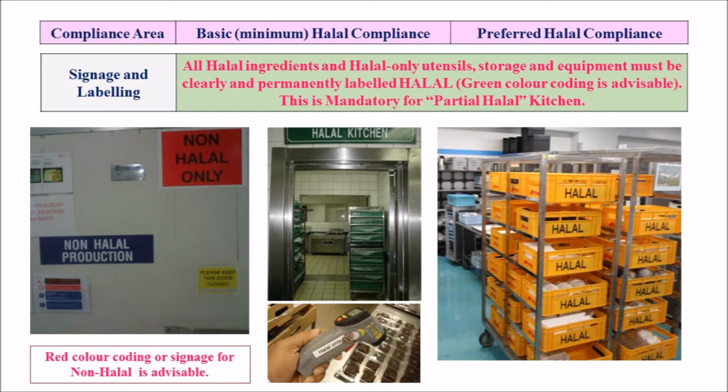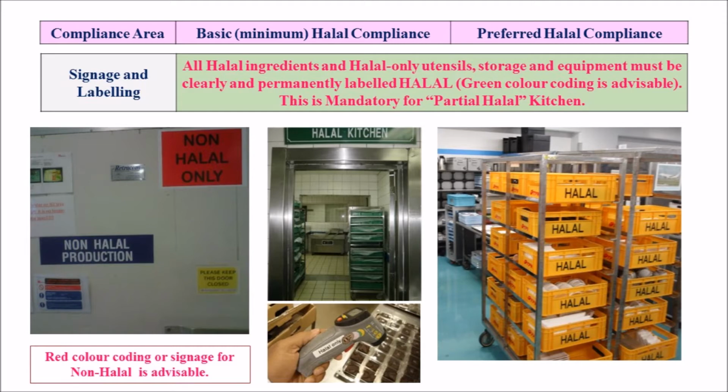Signage and labeling: remember, all halal ingredients and halal-only utensils, storage and equipment must be clearly and permanently labeled halal. Using the color green is strongly advisable. Labeling and signage are very important. This is mandatory for a partial halal kitchen.